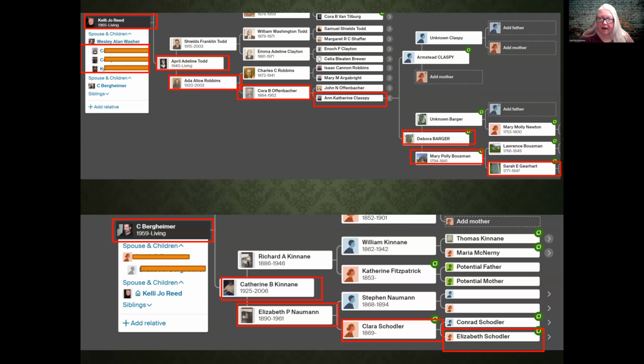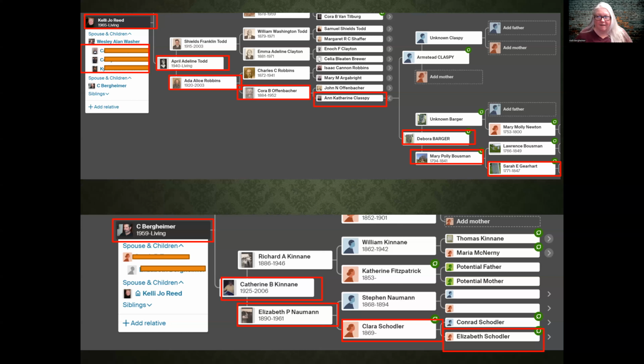Does my grandmother Ada have any sisters who also have descendants? Does my great-grandmother Cora have any other daughters besides my grandmother who have descendants? Does Cora have any sisters who have descendants? So you can see that that network can get pretty big pretty soon.